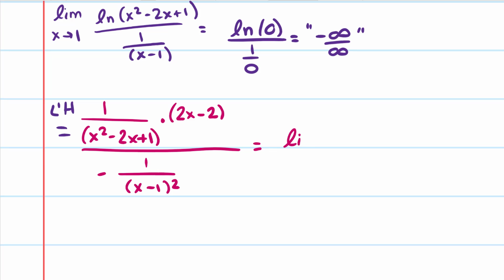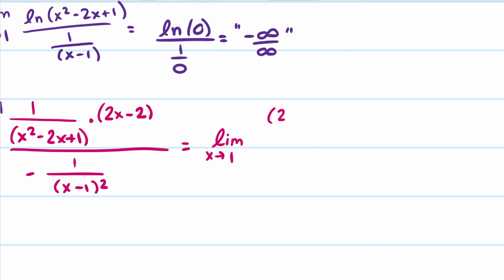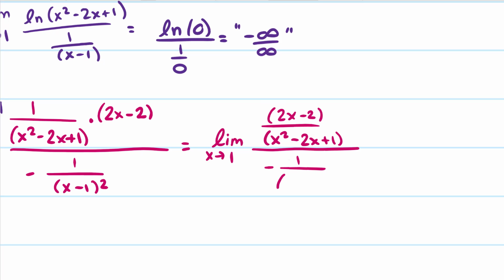So this is equal to the limit as x approaches 1 of 2x minus 2 divided by x squared minus 2x plus 1, all divided by negative 1 over x minus 1 squared.